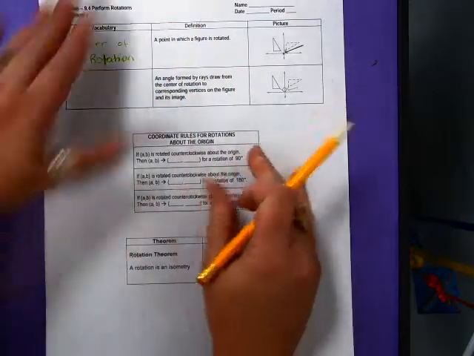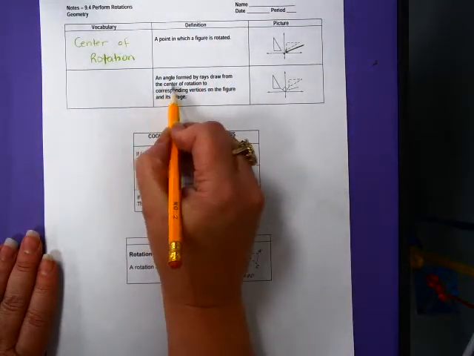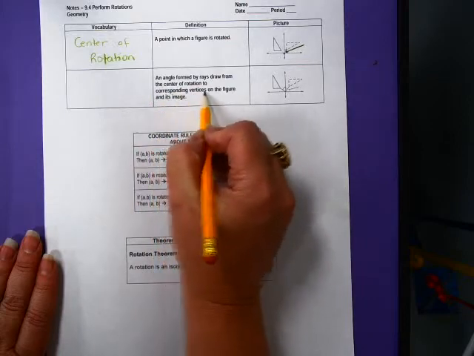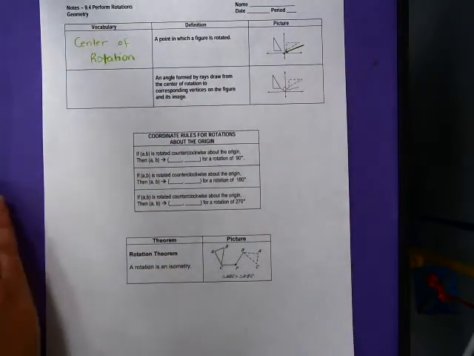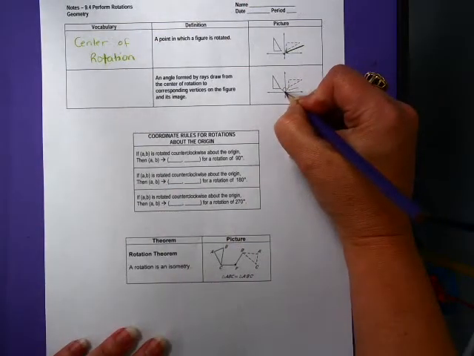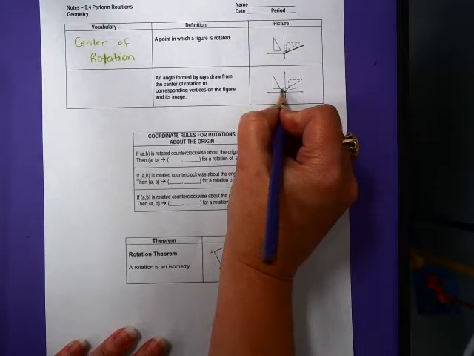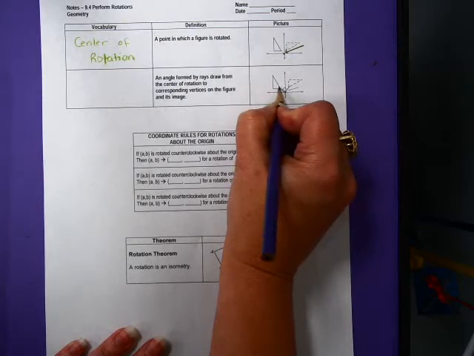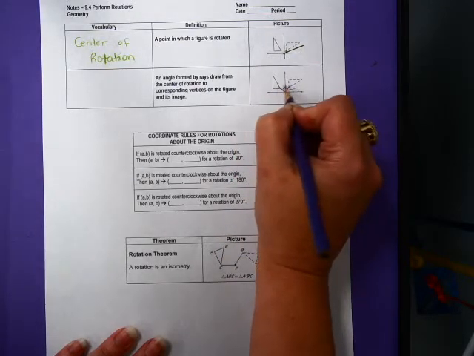Okay, and then this one, an angle formed by rays drawn from the center of rotation to the corresponding vertices of the figure and its image. So here you will see that here's the center of rotation, and there's a segment drawn from the center to the vertex, and there's one here from the center to the corresponding vertex.